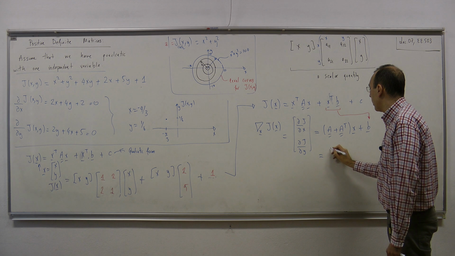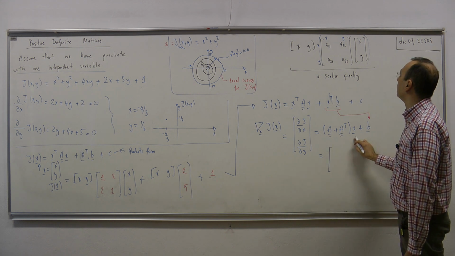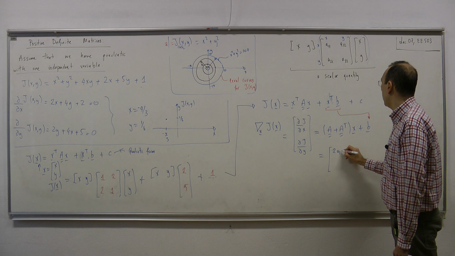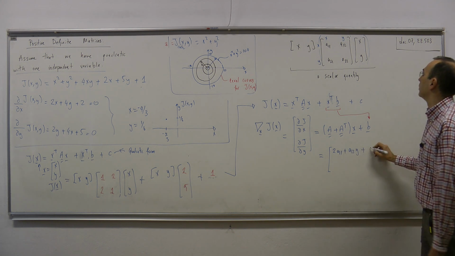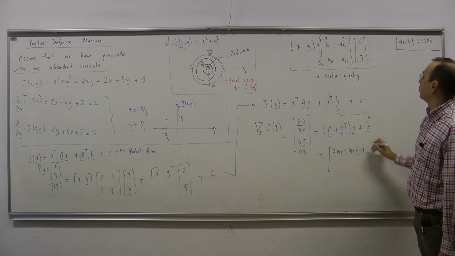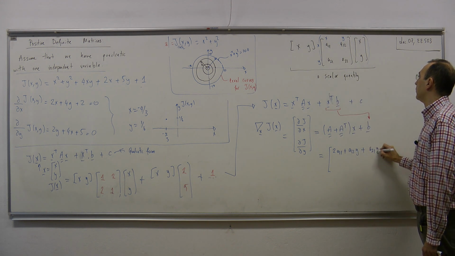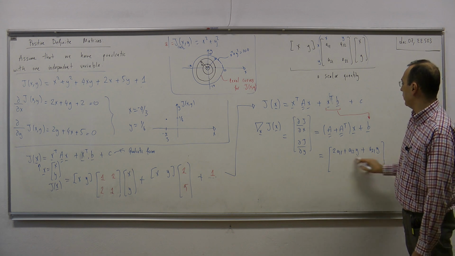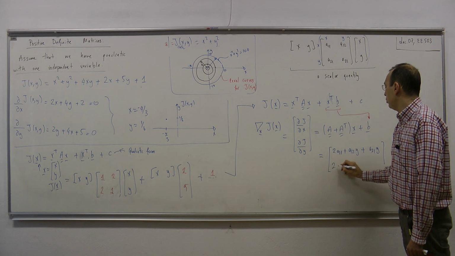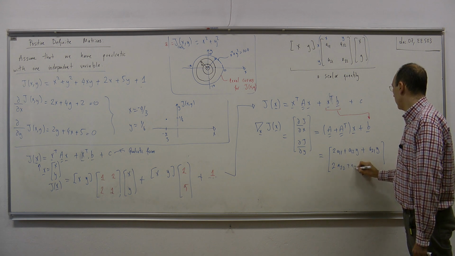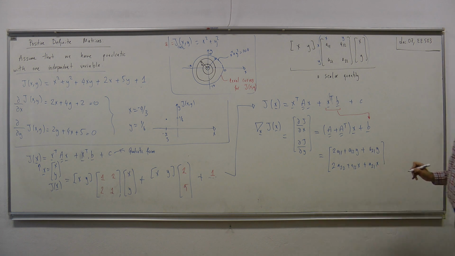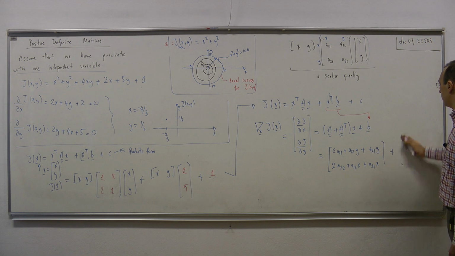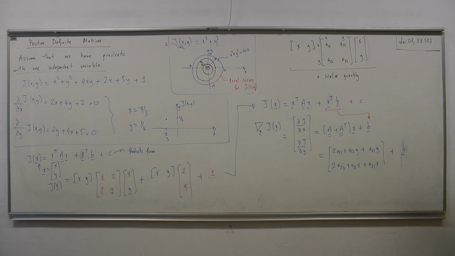If I calculate this part, what do I get? 2a11 plus a12y plus a21y, and the other entry, I get 2a22 plus a12x plus a21x, okay? I get something like that, plus this is our b vector, generic b vector, and so on.